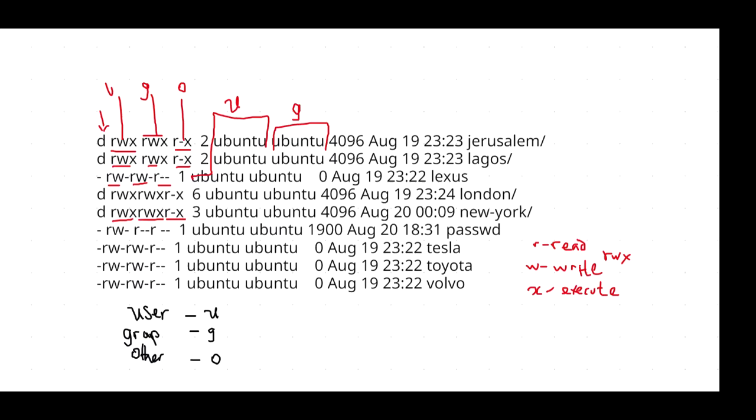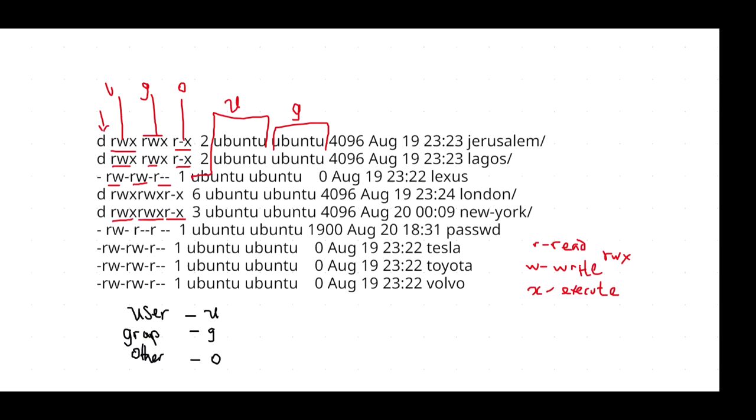And this group, Ubuntu group, and all the members of this group, they also have read, write, execute permission over the folder, Jerusalem. And others, who are not the user and also not members of this group, they have read and execute permission only over Jerusalem.